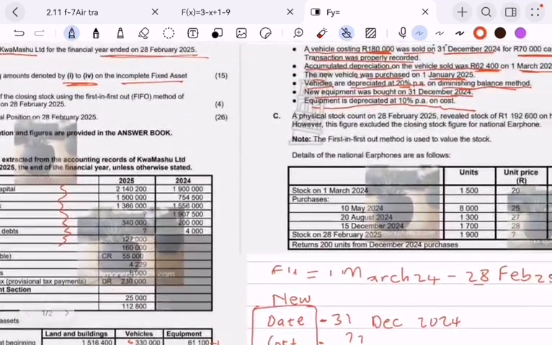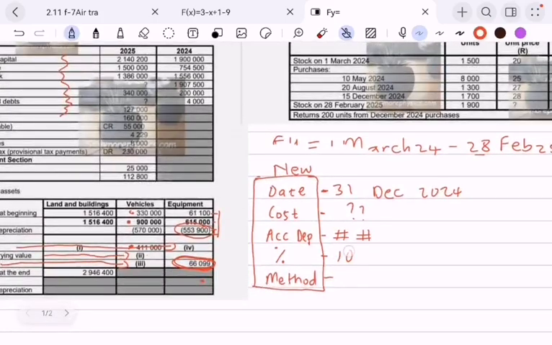And they said it's 10% on cost. So 10%, the method is our cost price. So what do we mean by cost? It means now, it's the opposite of diminishing balance method. So with our cost, it means we calculate depreciation based on the cost of an asset that we have to ourselves. Beautiful.